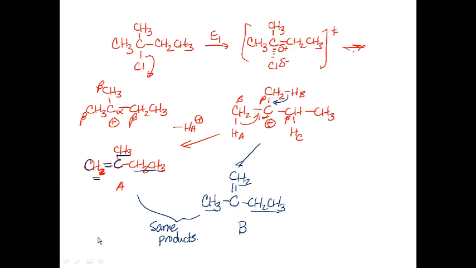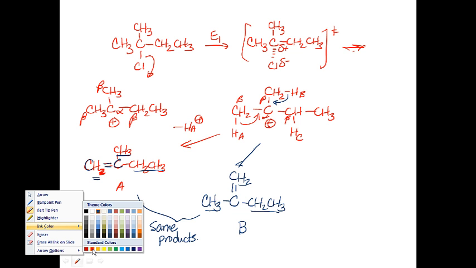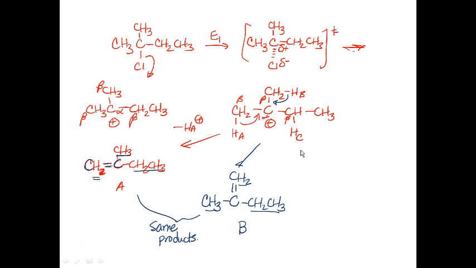But now how about we lose HC? So what if I lost HC and had that pair of electrons move to form the double bond there? What would I get?